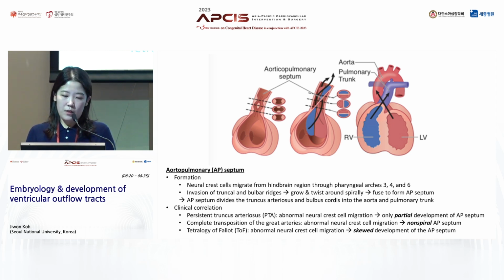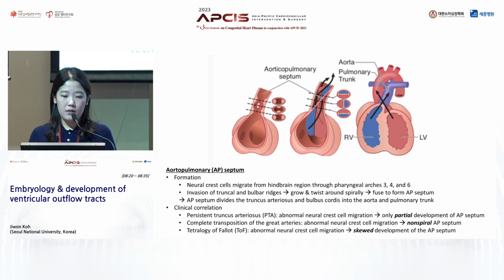The clinical correlation we have to see here is that some of the major conotruncal anomalies can be inferred from abnormal development of the AP septum. For example, persistent truncus arteriosus would result from partial development or no development of the AP septum. Complete TGA would be caused by a non-spiral AP septum.